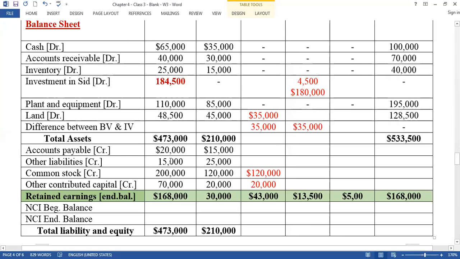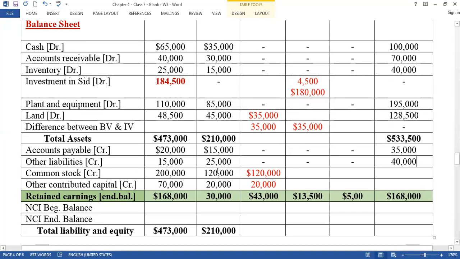Now you can see credit and credit plus, we don't have anything here. Credit and credit plus, so it is $35,000. Then other liabilities, these two are credit. Now it is $40,000.